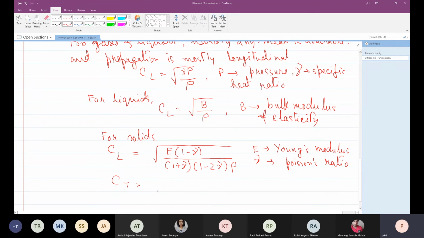Ct is square root of S by rho. Here, earlier S we have used for the compliance matrix, that is the inverse of Young's modulus. So here of course S is the shear modulus.